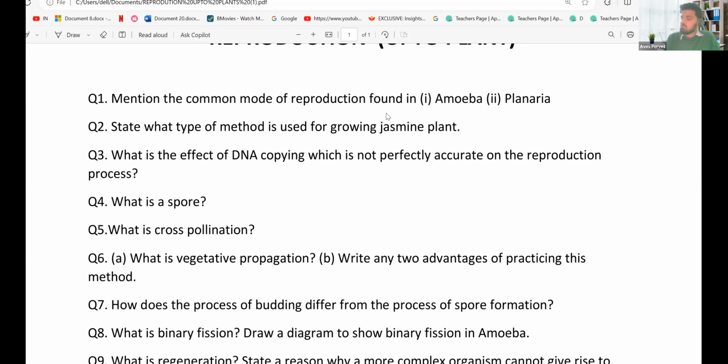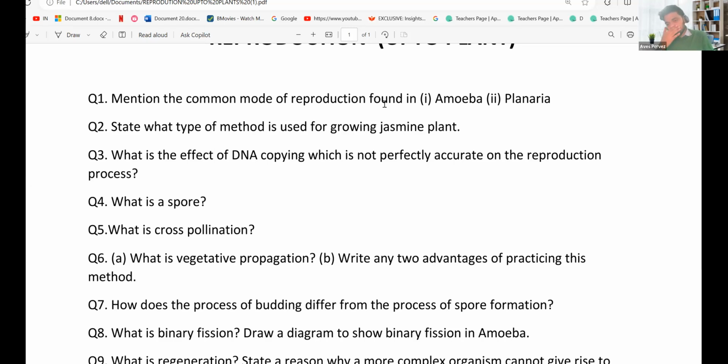Can you repeat the question, by which method? Question number one. For the first one, amoeba, it's binary fission. For the second one, I'm not sure.